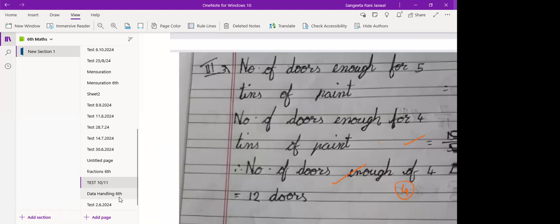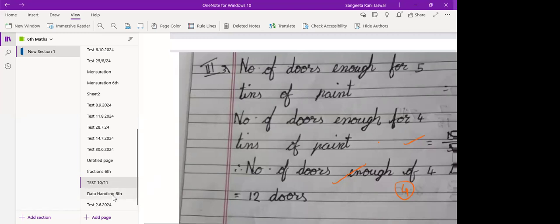Harshit, you have to send me in PDF form. Okay. Next time, be careful. Everyone has to send me in PDF form.